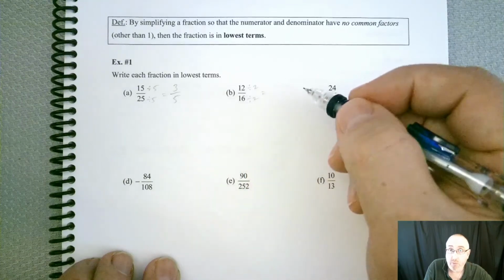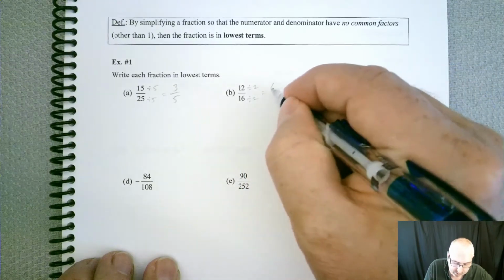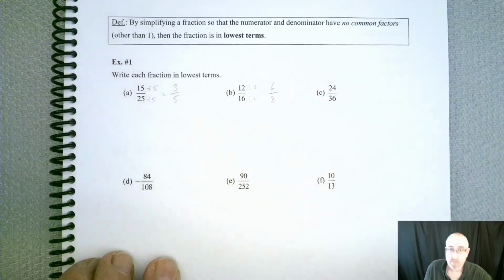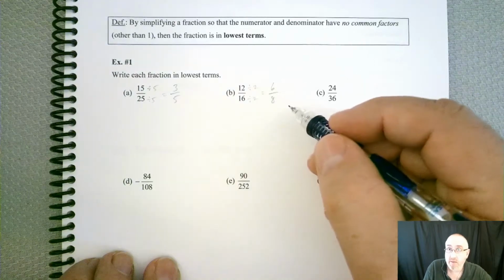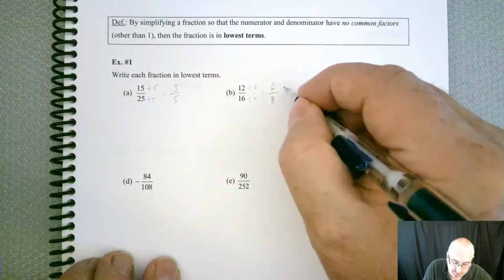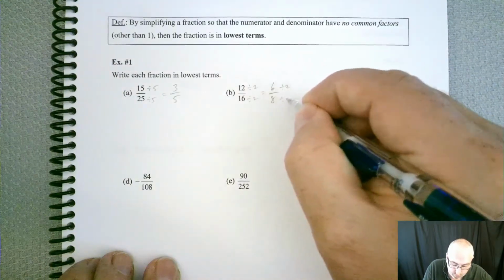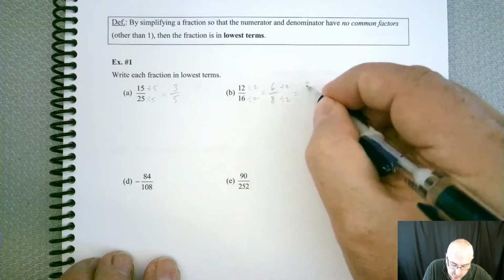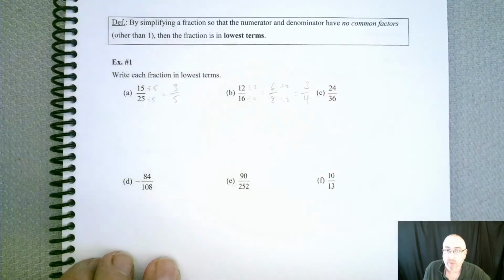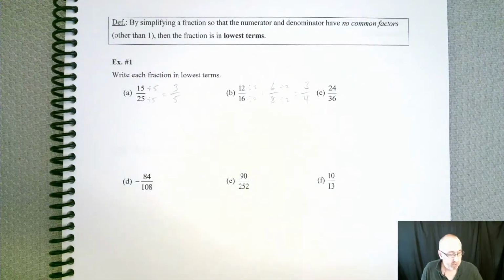If we divide the 2 out, we're going to get 6 over 8. But 6 and 8 are even, so we can divide out another 2. If we divide out another 2, we get 3 over 4. So 3/4 would be our result.